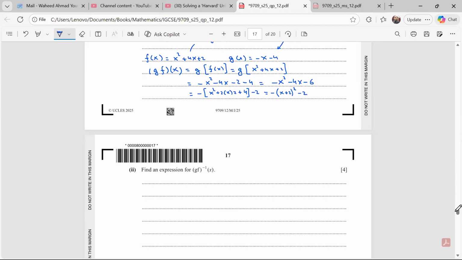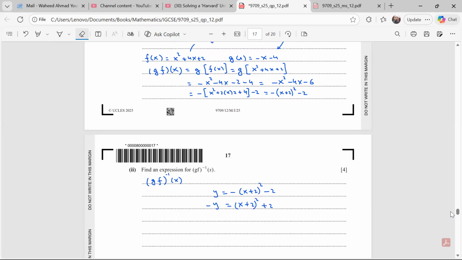So now I want to find gf inverse of x, right? So what I will do right now, I have this function y equals -(x plus 2) square minus 2. So from here you can see that minus y equals x plus 2 square plus 2. I multiplied everything by negative. Sorry, I need to replace x and y. Okay, I mixed up.